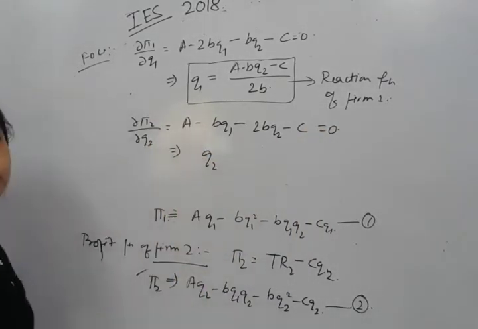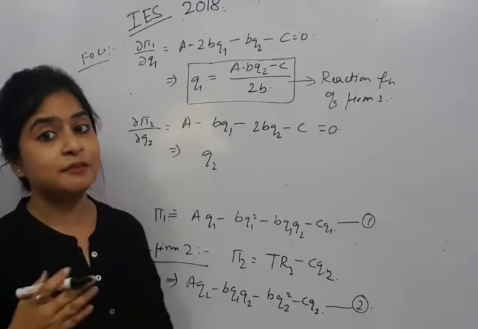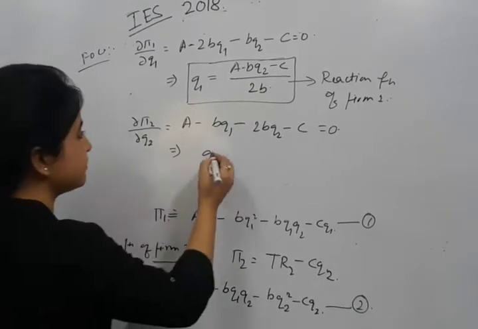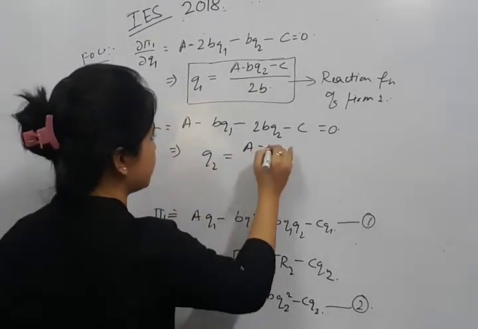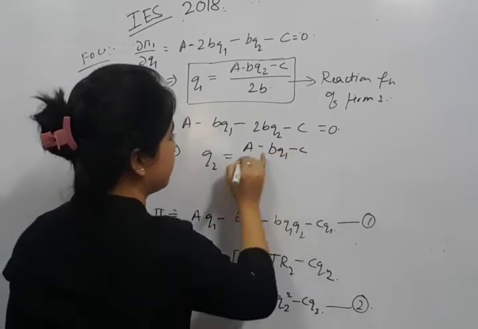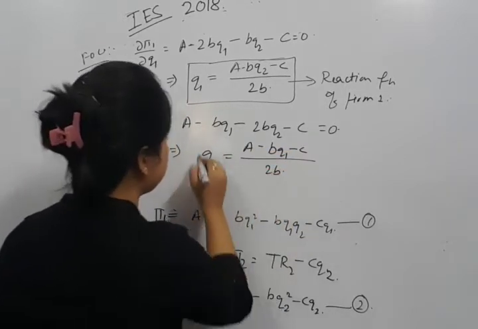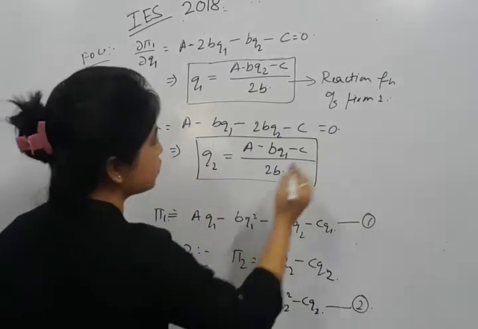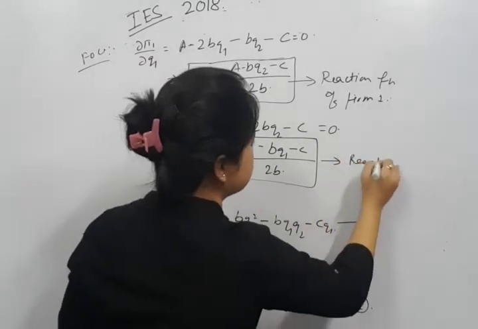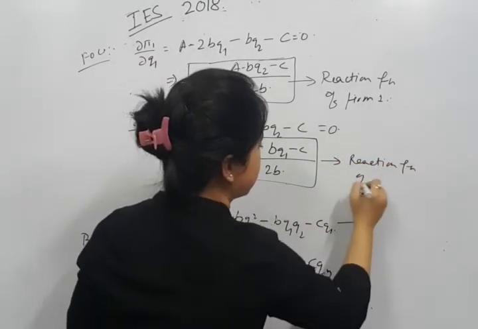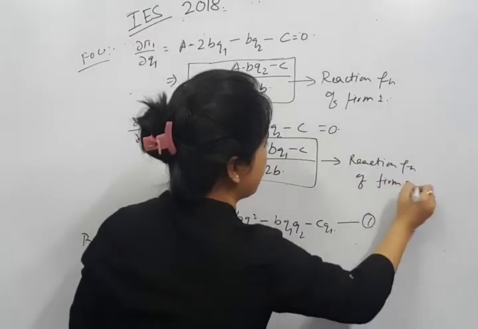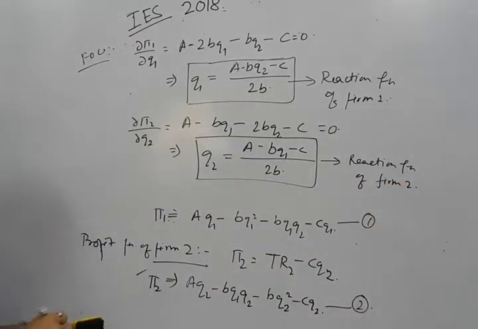So here again we have to find Q2 in terms of Q1. Alright. So A minus c minus bQ1 divided by twice of b. And this is the reaction function of firm 2. Right?